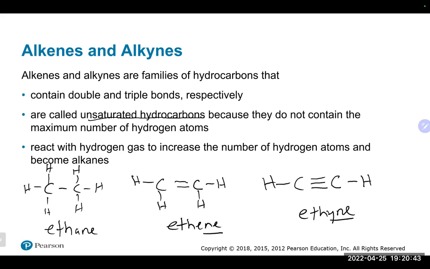Also, very much like the alcohols, once there is more than one option where you could put the double bond or the triple bond, you need to give the location of the double bond or triple bond, like we did with the OH group, like 2-pentanol. You need to go like 2-pentene to give the location of those double bonds and triple bonds.